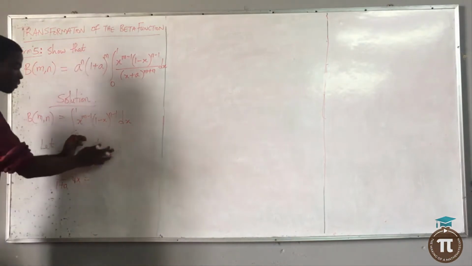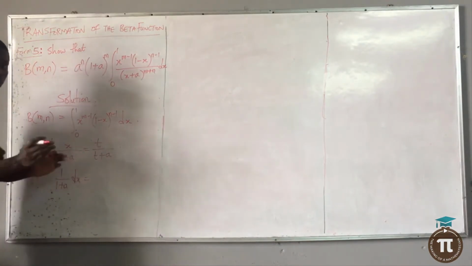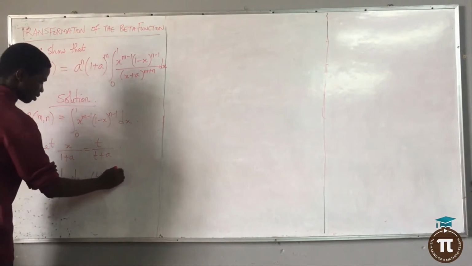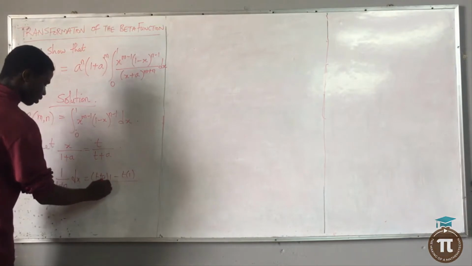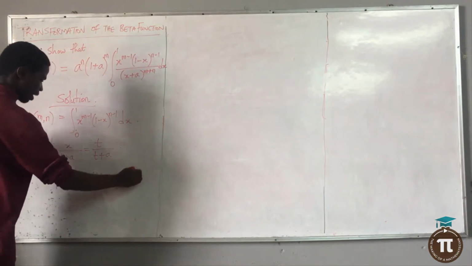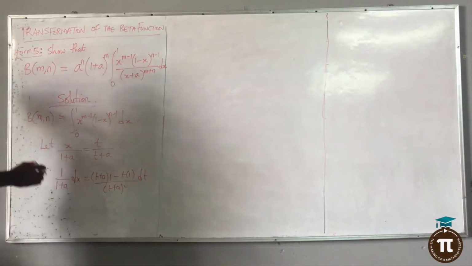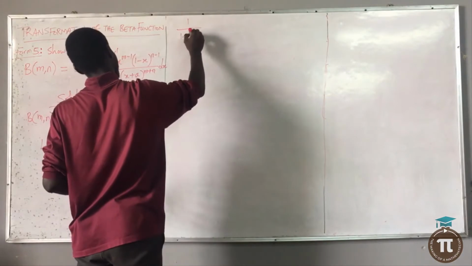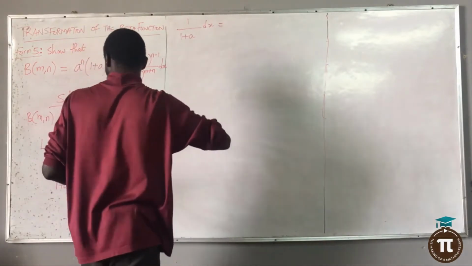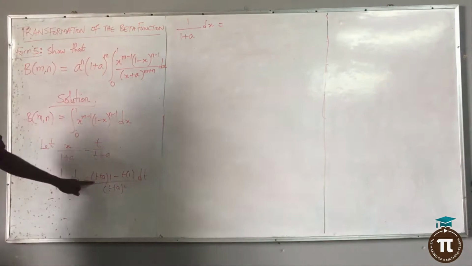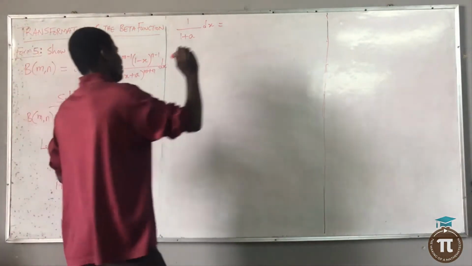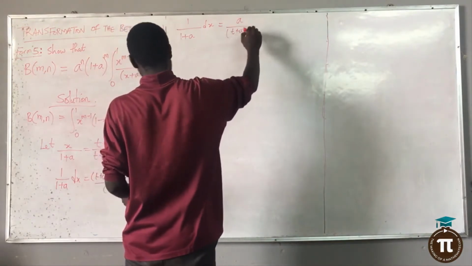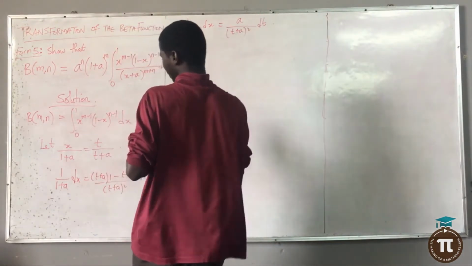Then differentiate this with respect to t, using the quotient rule. This will be t plus a multiplied by 1, minus t multiplied by 1, all over t plus a all squared, dt. So at the end of the day, 1 over 1 plus a ds is equal to t plus a minus t, which leaves me with a all over t plus a all squared dt.